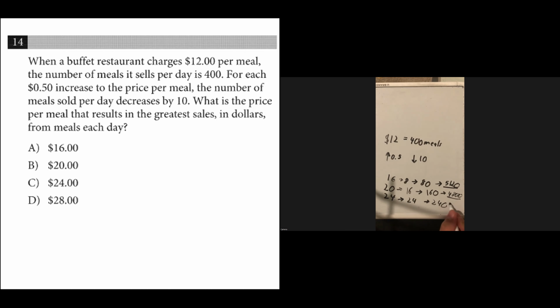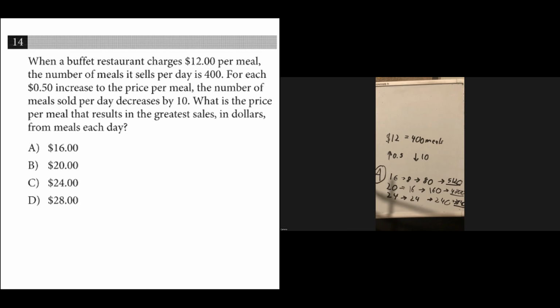So that would give us 3,840, which would mean to get the greatest amount of sales, it would be answer choice A, changing the price to $16. So when you have a calculator, it's easiest to just plug in.